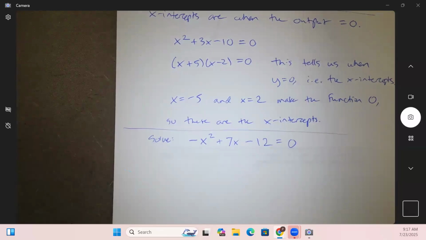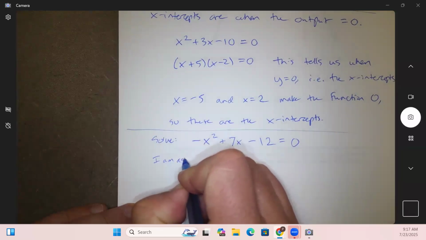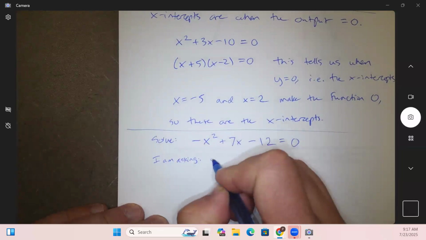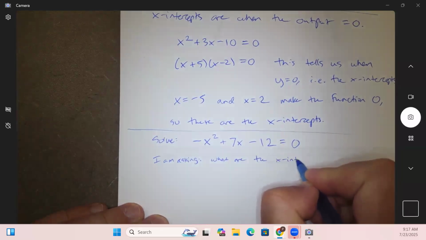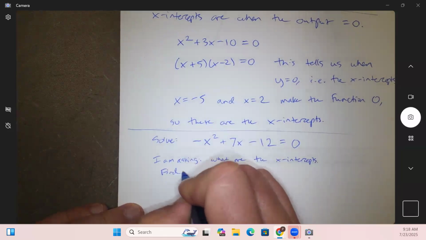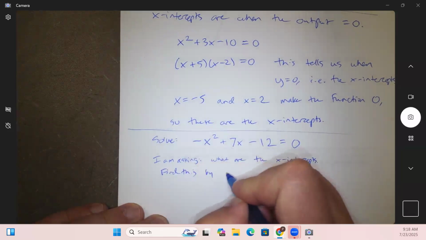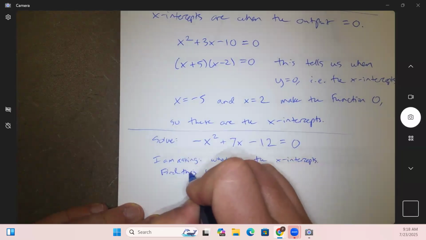We want to know the x values that make this function 0. Oh, I am really asking what are the x-intercepts? And I find them by factoring.